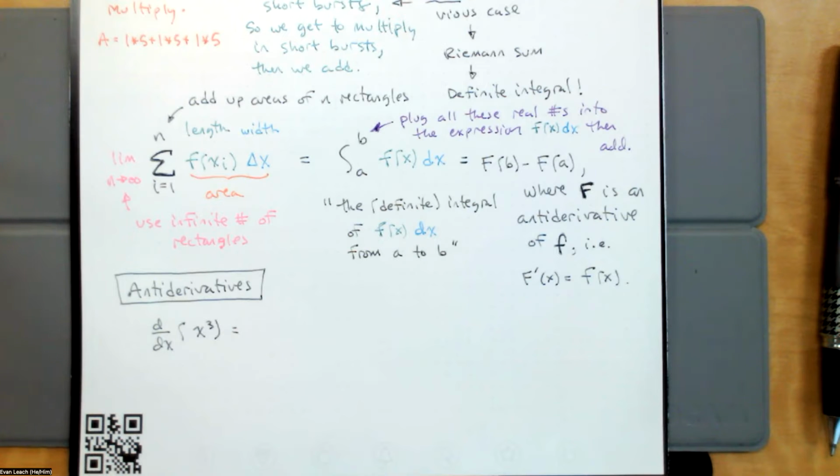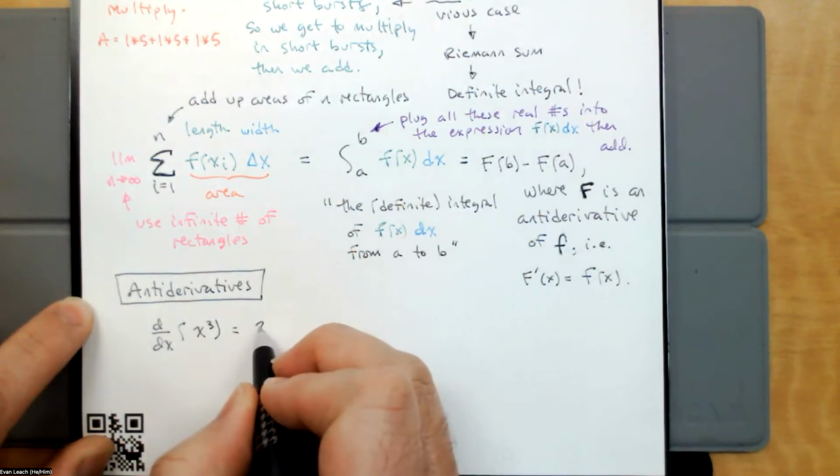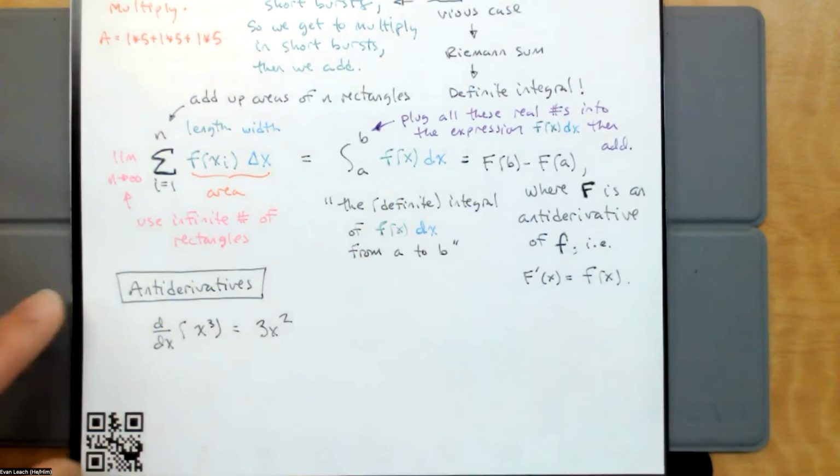What's the derivative of x cubed? 3x squared. So the antiderivative of 3x squared is what? Oh, sorry, a good point. An antiderivative of x cubed is what? 3x squared is, dang it, you messed me up.